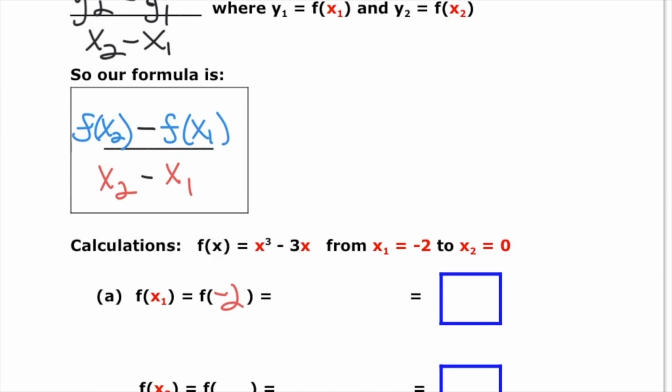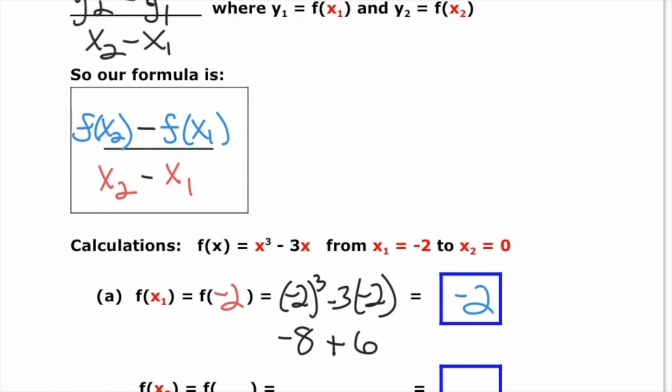We can just take negative 2 and cube it and subtract off 3 times negative 2, which is negative 8, because negative 2 cubed comes out as a negative number, and then plus 6, and that comes out to be an f of x1 of negative 2.